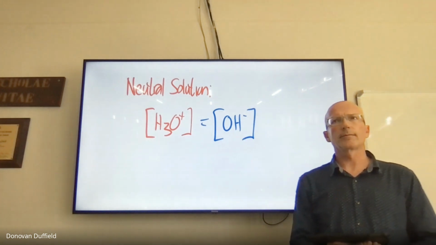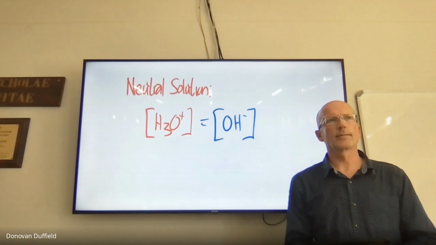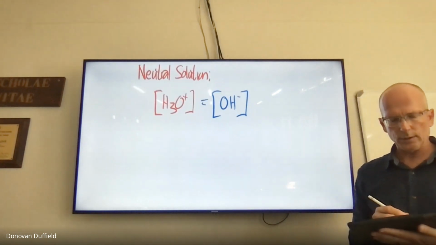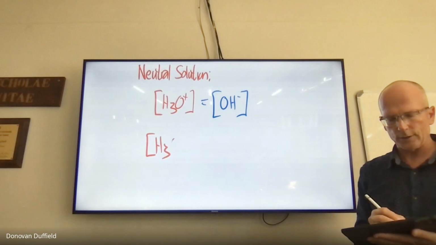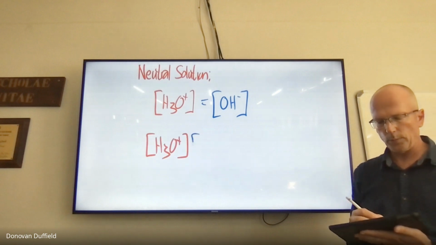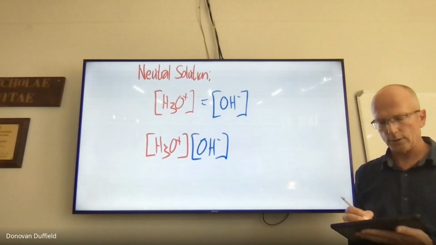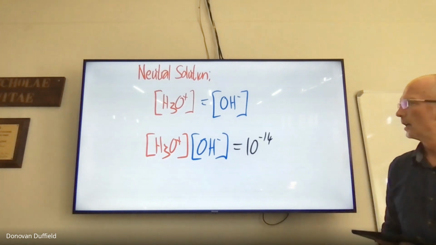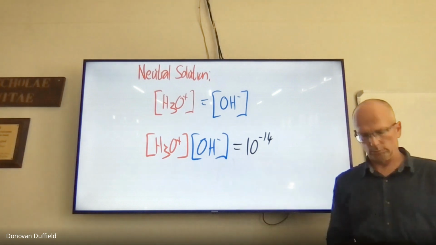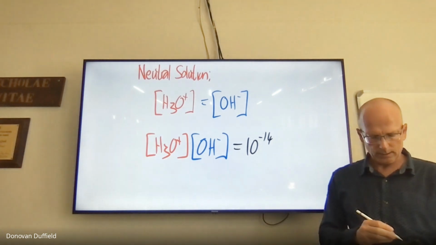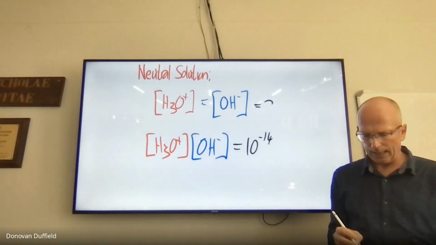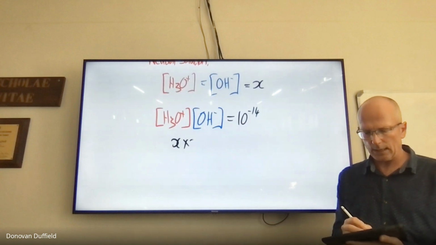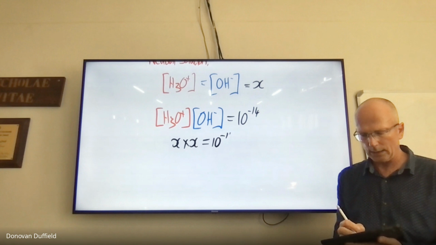Now, if the hydronium ion concentration multiplied by the hydroxide ion concentration is 10 to the negative 14, and these two are equal, let's make this x. Then would you agree that this is x times x is 10 to the negative 14?